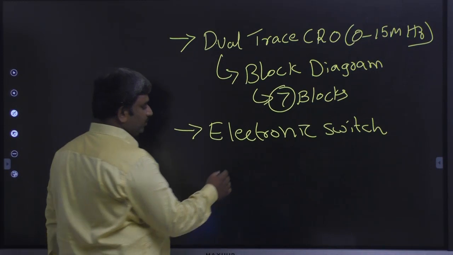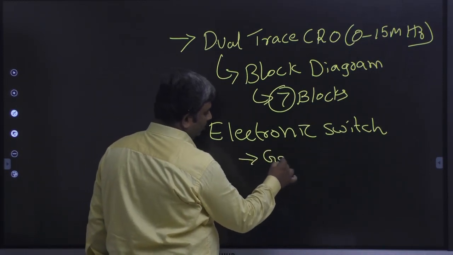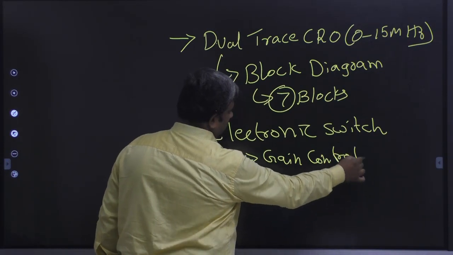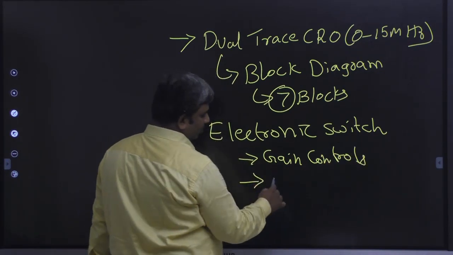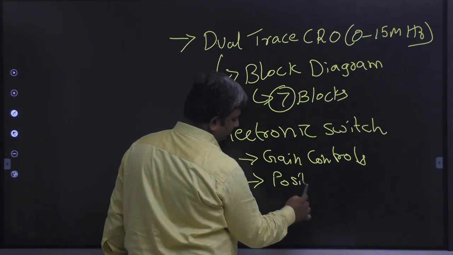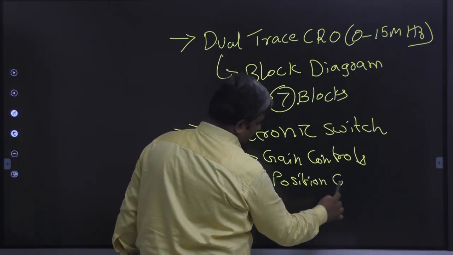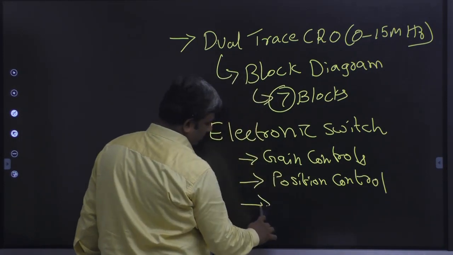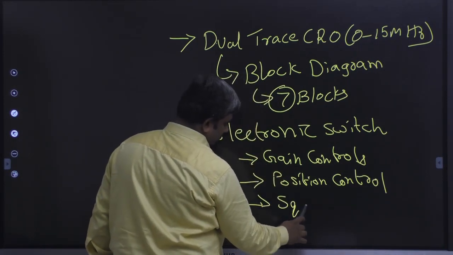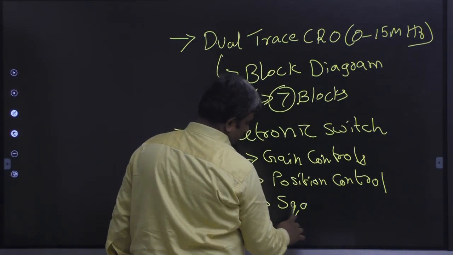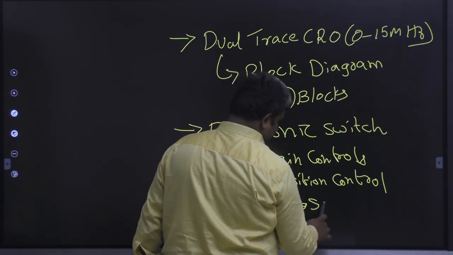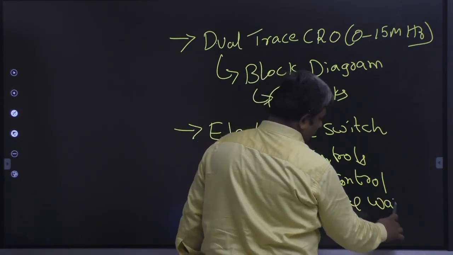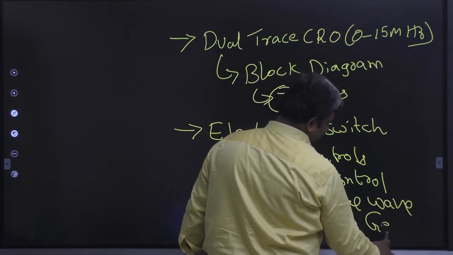In this electronic switch, we have gain controls, position control, and square wave generator.